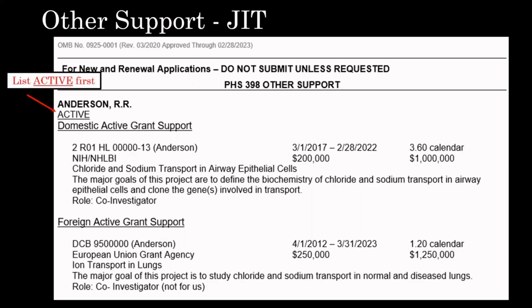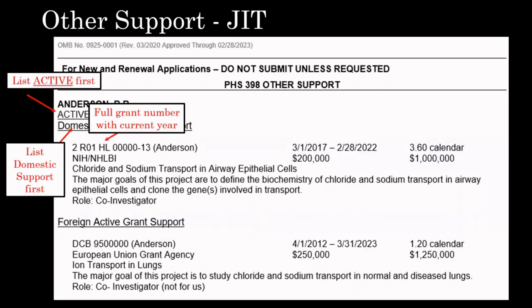So here is an example of NIH other support. Always include active first. And then we are going to break it out by domestic and foreign. So we're going to list all the domestic grants first. And you want to include the full grant number with the current year. The PI is in parentheses.